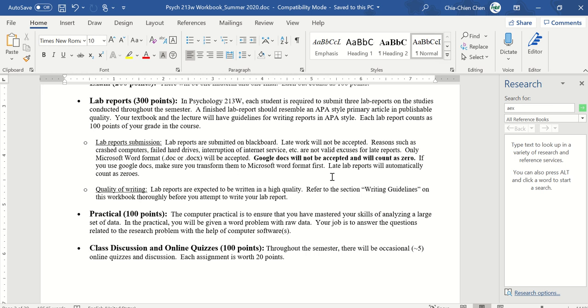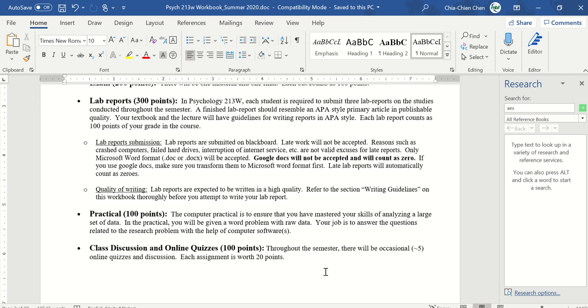Okay, and now the next one I want to talk about is the practical. The computer practical is similar to a large set of data analysis that you have done in your statistics lab course exam.